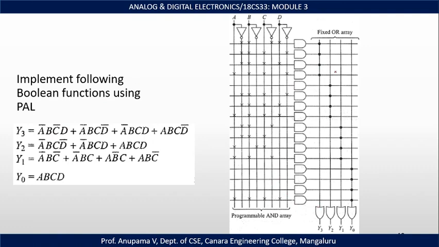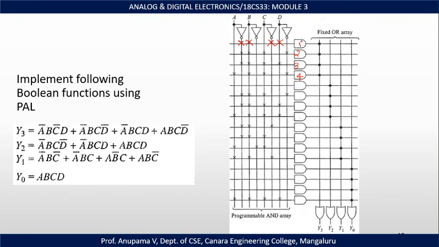For the first OR gate, the first 4 AND gates, that is AND gates 1, 2, 3, 4, are the inputs. Now we implement the first term, A bar, B, C bar, D.